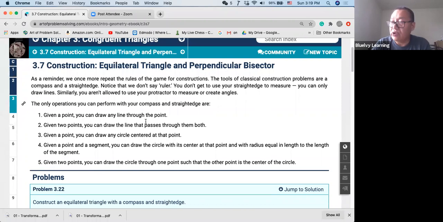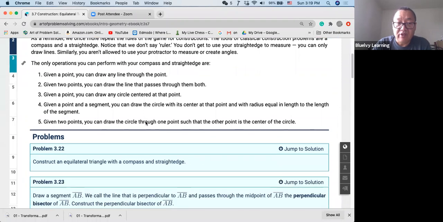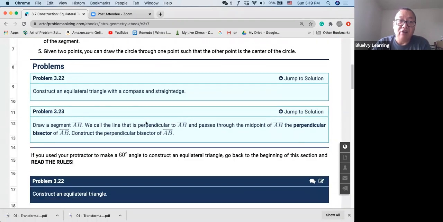You cannot use a ruler. You cannot use a protractor. You can only use compass and straight edge. Okay, now let's see how to construct an equilateral triangle with compass and straight edge.